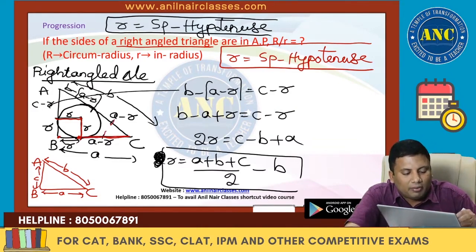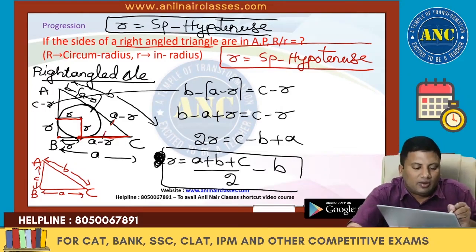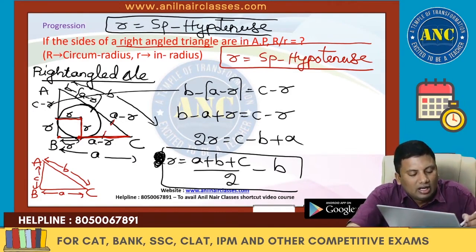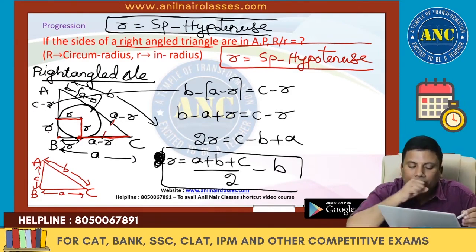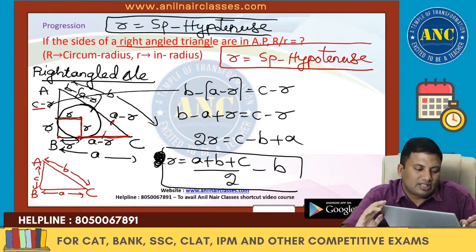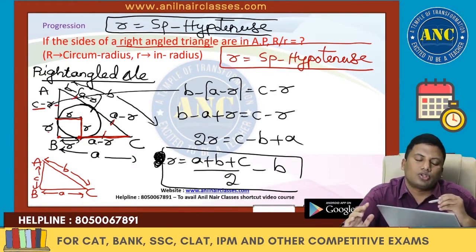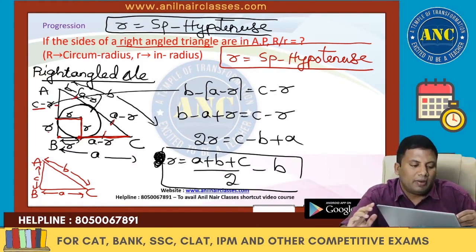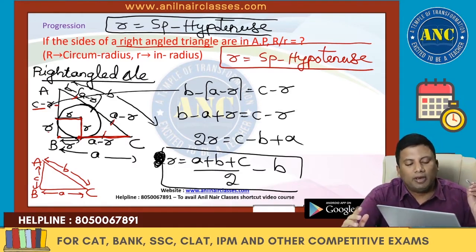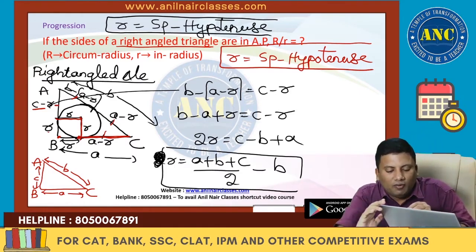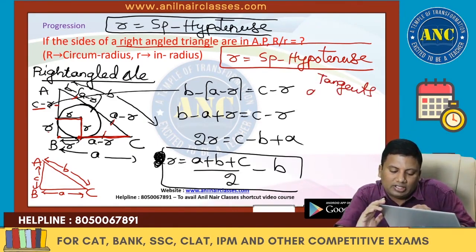Tangents drawn from an external point are always equal. So here it is A minus r. Here it is r. This will be C minus r. If it is C minus r, this also should be C minus r. A minus r, remaining is B minus of A minus r. What is the property that I used? Tangents drawn from an external point.